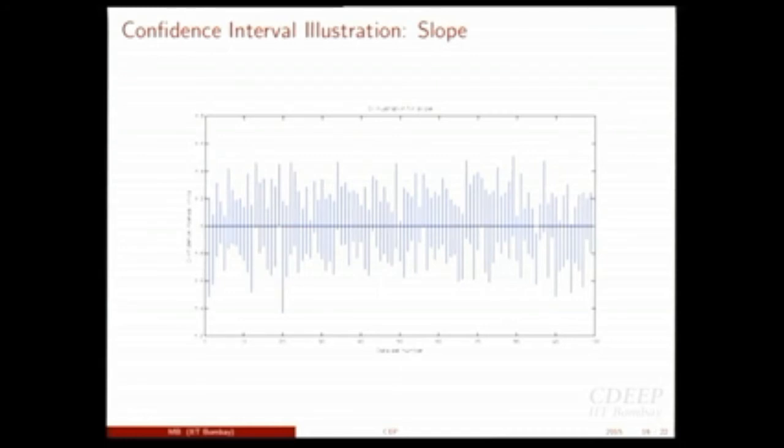As you repeat the experiments and generate experimental data sets again and again, because your errors change, your y changes, your theta hat changes, and the fit errors, your estimated errors, also change, your confidence intervals keep on changing. They move up and down. Their width can also shrink or expand, but the interpretation is that 95 of these 100 will contain the true value 6 for the slope, and about 5 will not.